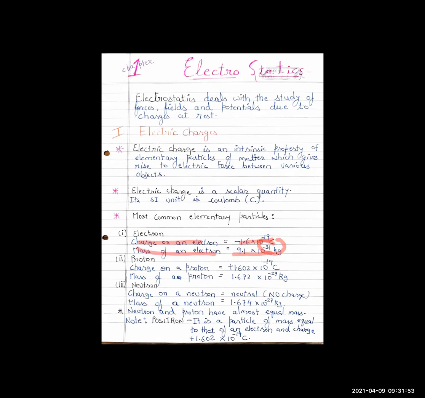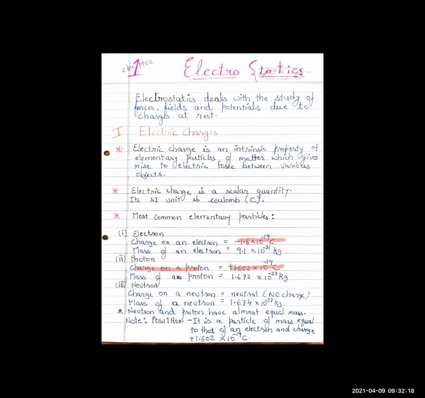Say children, it's minus 31 kg, very, very less, right? Let's talk about protons. Now, the proton's charge is the same as that of the electron. Only the difference is in their signs, in their polarity. That is, protons are positively charged. So it is plus 1.6 into 10 to the power minus 19 coulomb.